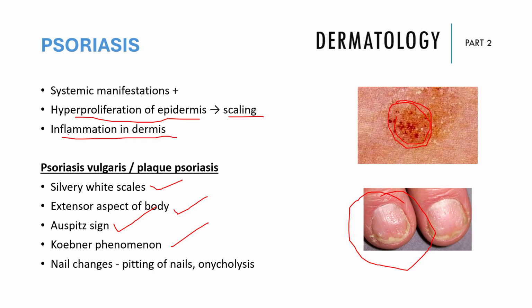Pseudokoebner means it is due to actual inoculation by the infective, maybe viral agent. Like in case of molluscum contagiosum, you can have pseudokoebner. This is Koebner phenomenon, and the changes in nail are pitting of nails and onycholysis.